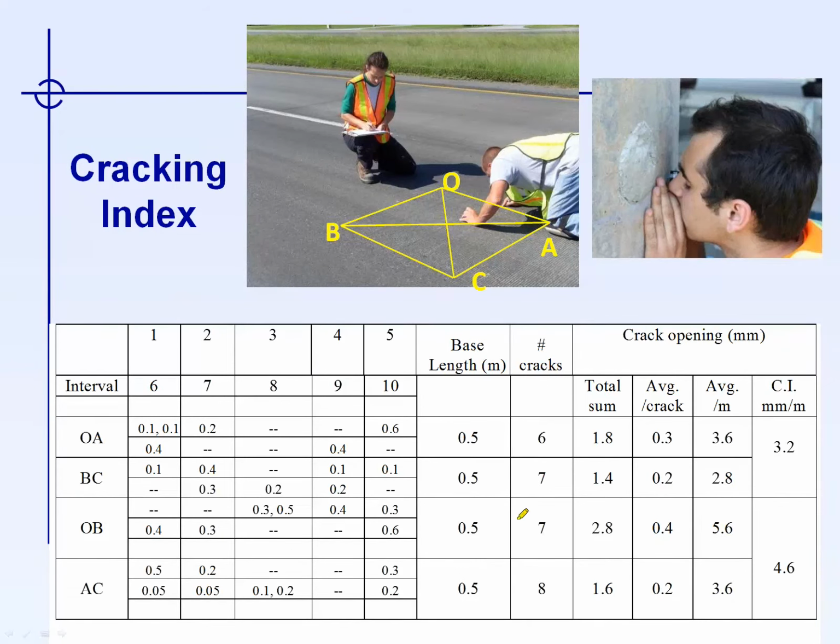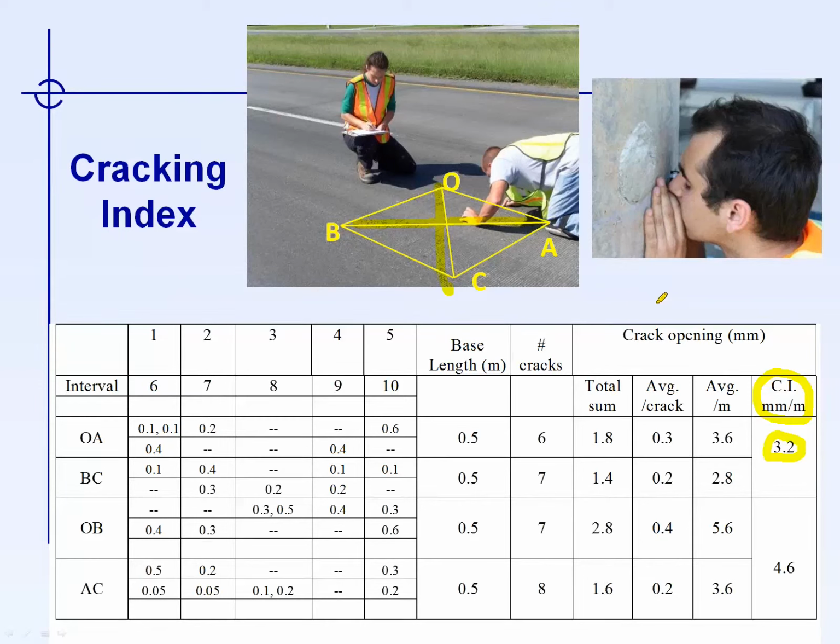If you count the number of cracks and the crack width, using a table like that, you will multiply the number of cracks by the crack width to determine the amount of cracking in terms of millimeters per meter of lines on the concrete, and then this information can be used to determine the condition of the concrete.